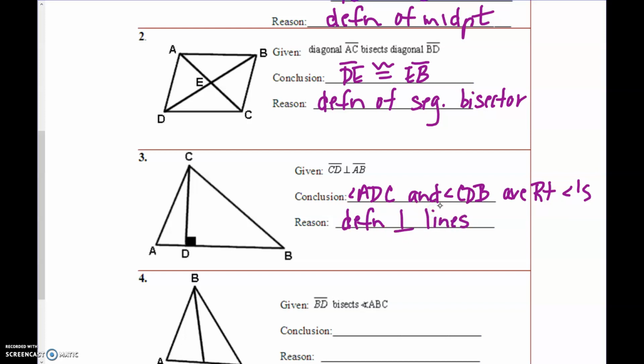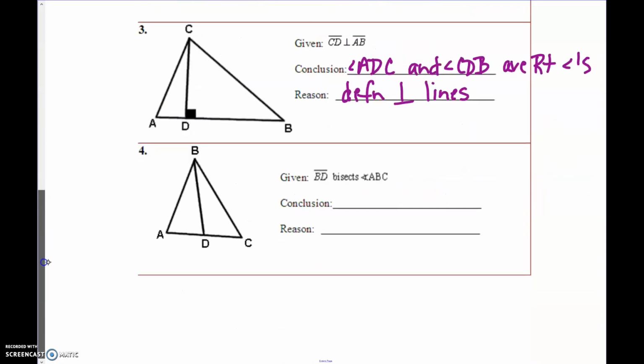All right, in this next one, the last one on this page, I think, we're given that BD is bisecting this angle. So BD is coming in and bisecting this angle.